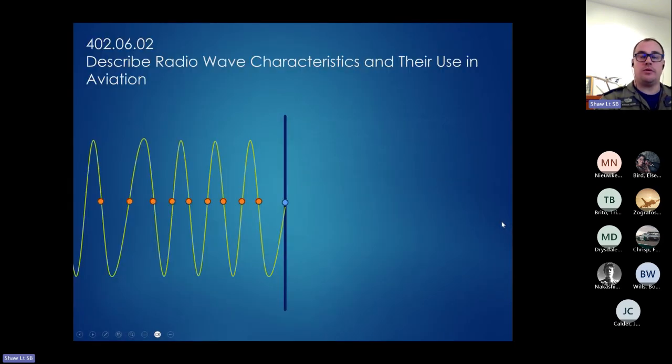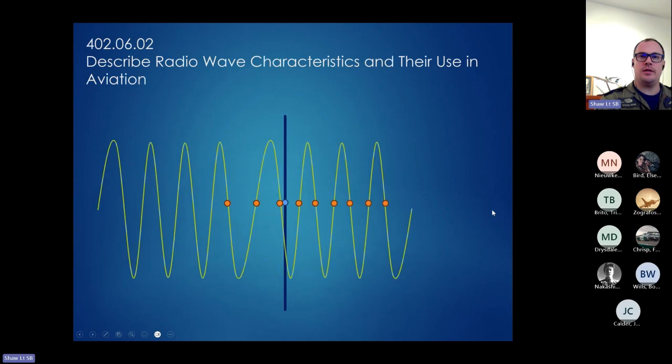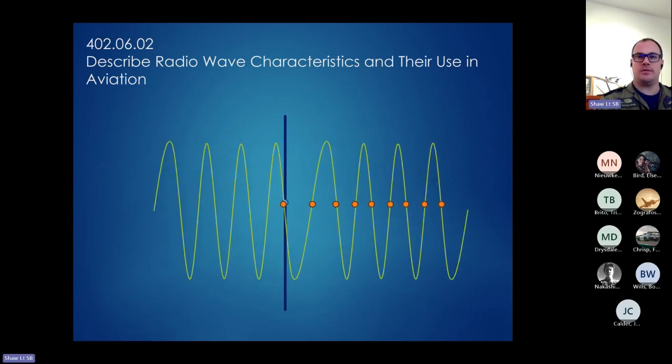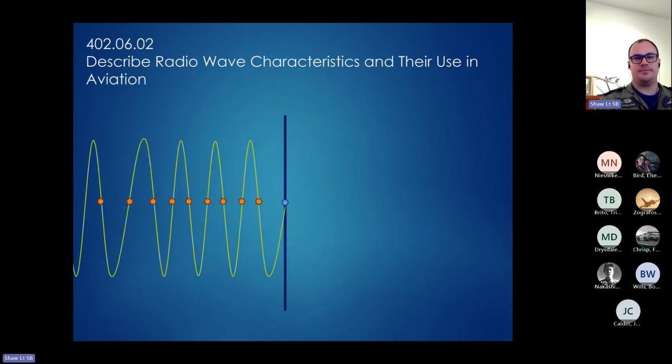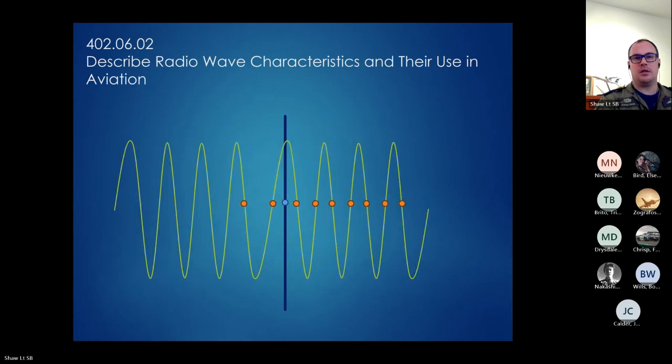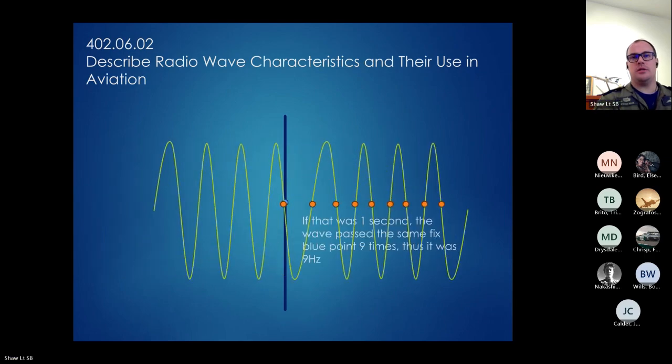So radio is a wave. It works the same as if you were to drop a rock in a lake and it makes waves. It's very similar. Electromagnetic radiation is what it's referred to. If that wave lasted 1 second and the wave passed the same blue point 9 times, it was 9 hertz. So it's measured in hertz, which means per second. Those orange dots pass that blue center reference dot, going up and down 9 times in 1 second.